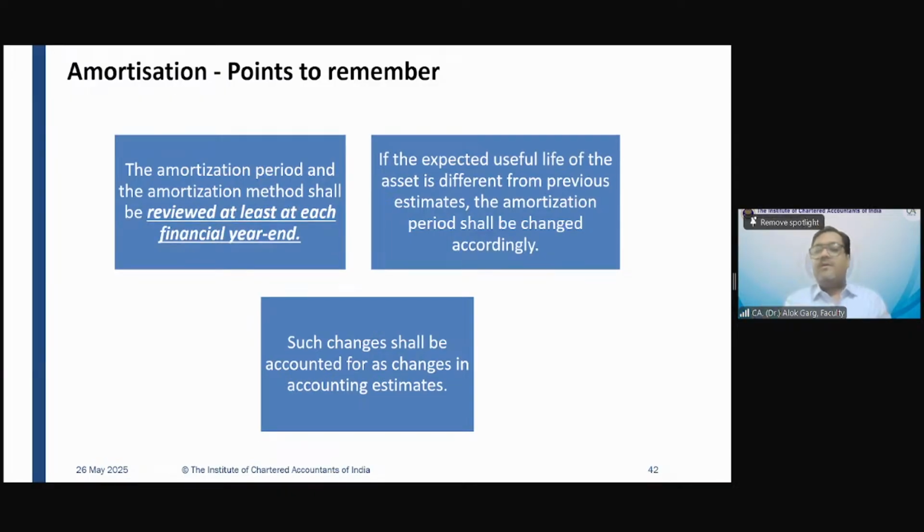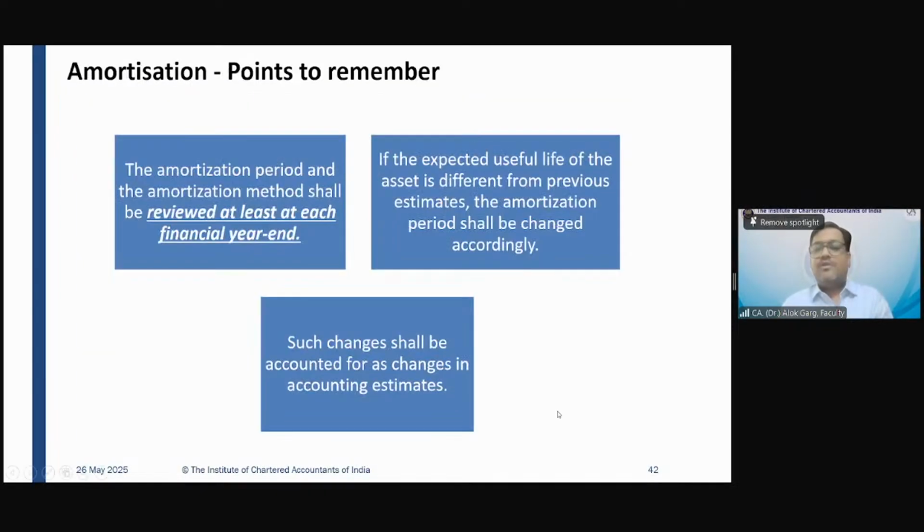Such changes are considered a change in estimate, and a change in estimate has to be applied prospectively. Clear?